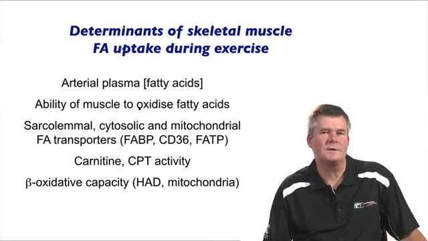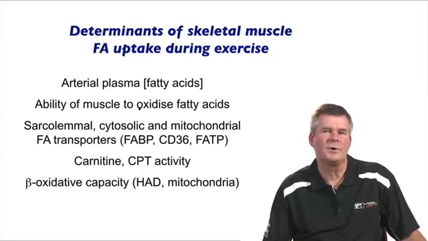In relation to that latter process, these fatty acid transporters, in particular CD36, do so in partnership with an important transport compound known as carnitine and an enzyme that's involved in that process known as CPT. And together, these transporters facilitate the mitochondrial entry of fatty acids so that they can be oxidized.